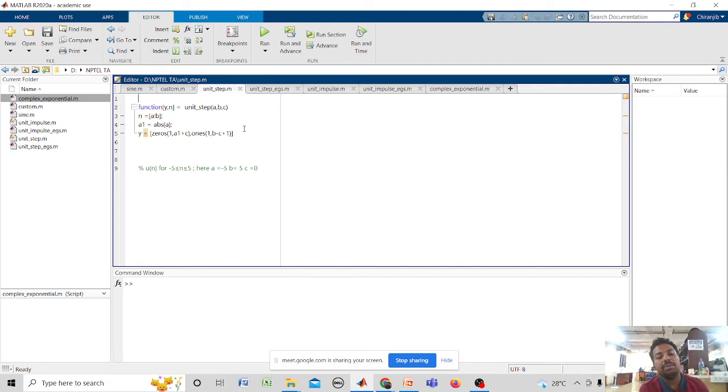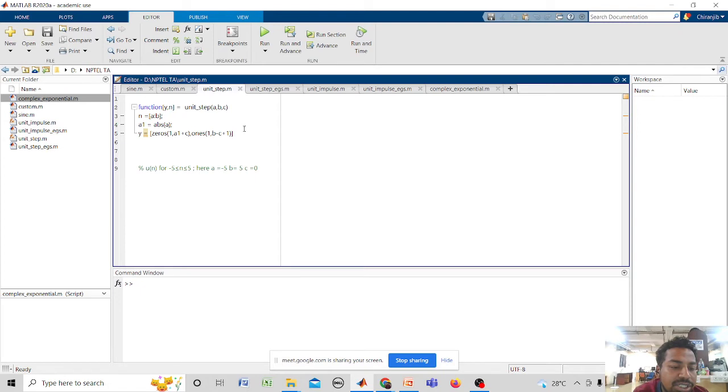Here a is the starting range, b is the ending range, and c is the shift in the signal. For example, through this function we can plot the general unit step function, and also a shifted unit step function. If c is 0, then we'll get the original unit step. Otherwise, we can change the values accordingly to our need.